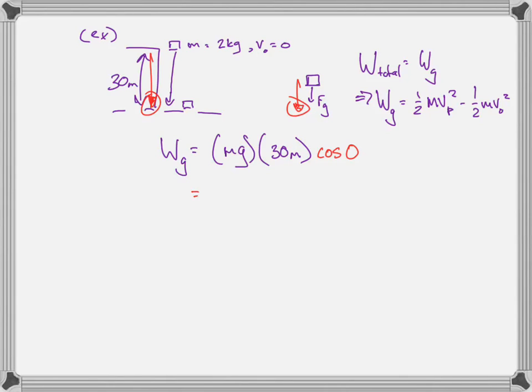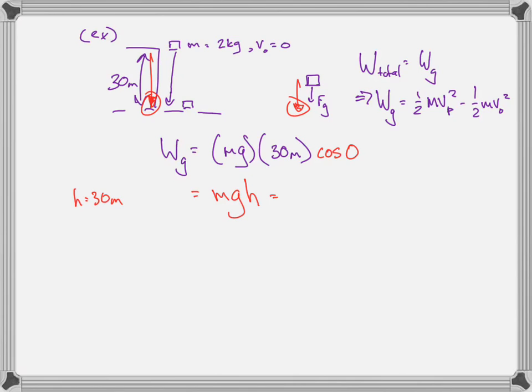And so we already knew this, that the work done by gravity is mgh, where h is the downward displacement, and h is 30 meters. We could have called it mgd, where d is 30 meters, but we tend to call it mgh.